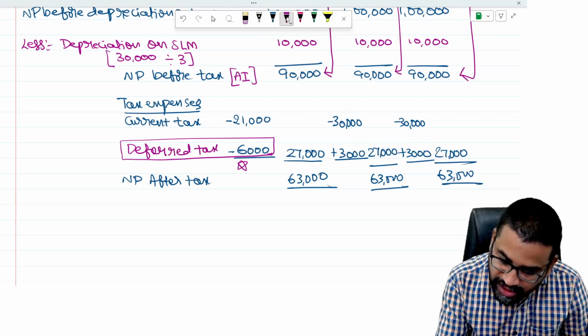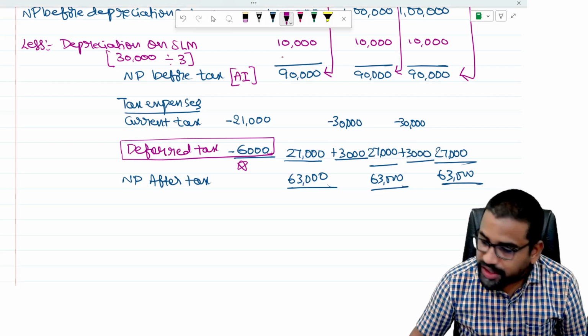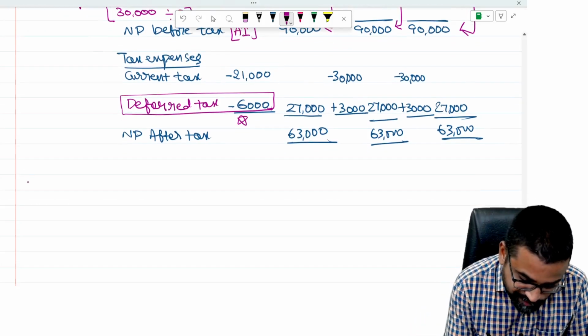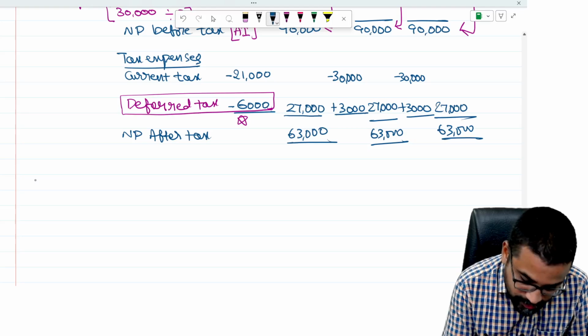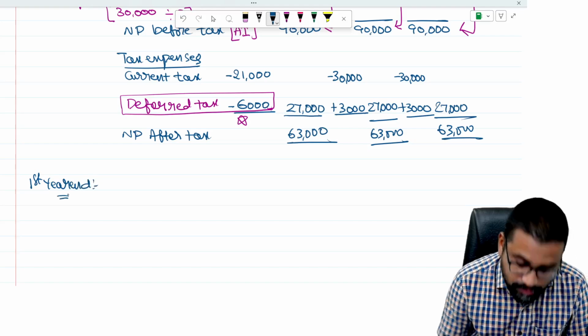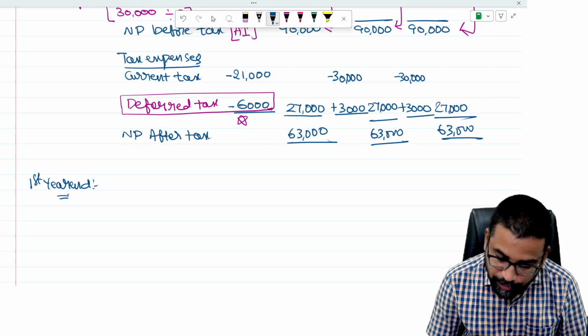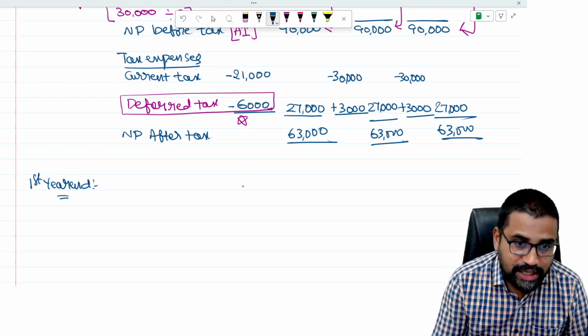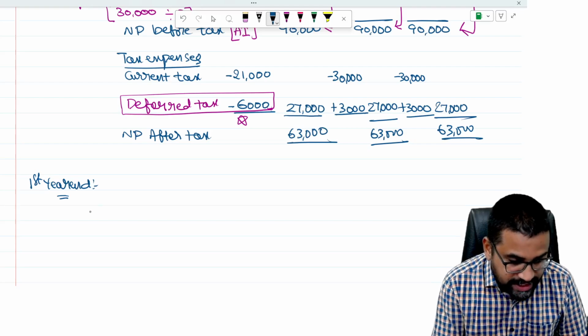Now see, if I pass the entries here, what entries will we pass? See, at the first year end, you book a deferred tax liability of 6,000. So what is the entry?